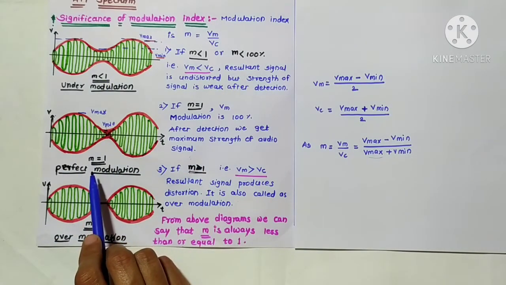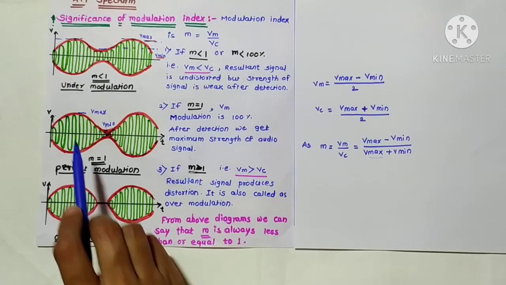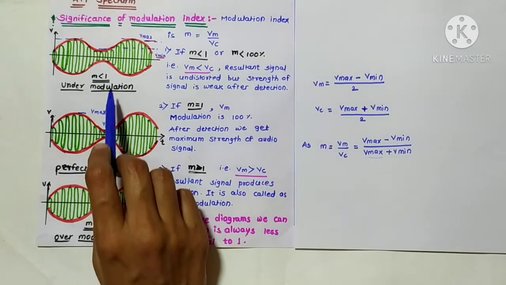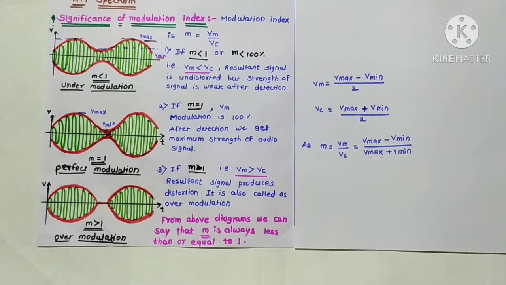At that time we get perfect modulation or under modulation, and this is a desirable condition. But when m is greater than 1, we see distortion and the negative peaks are clipped off. Therefore this is not allowed, or undesirable modulation. Okay students, this is called over modulation.